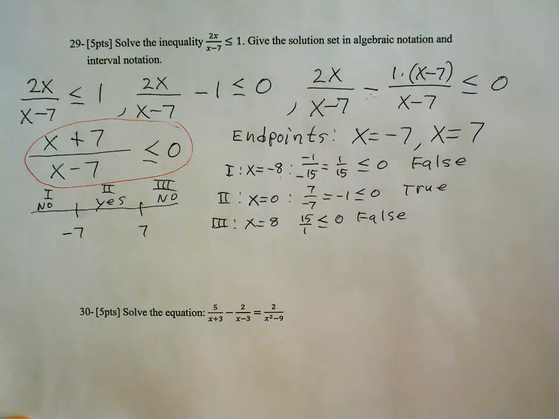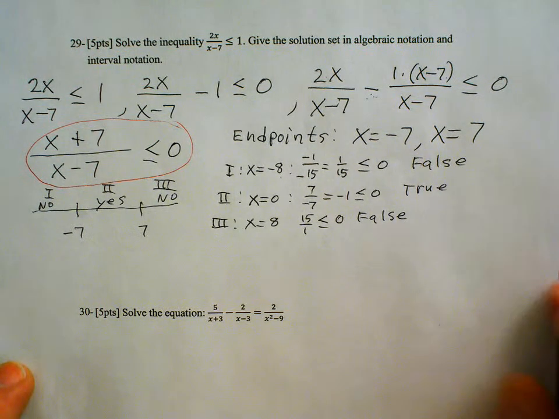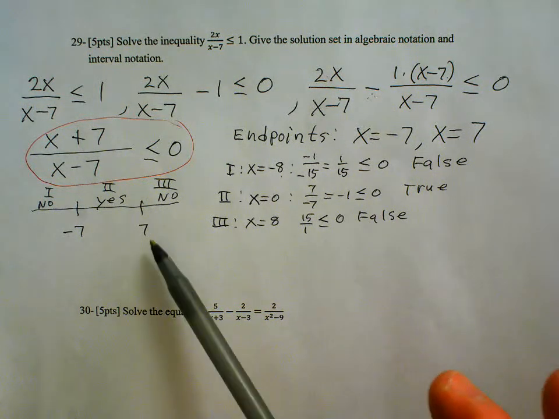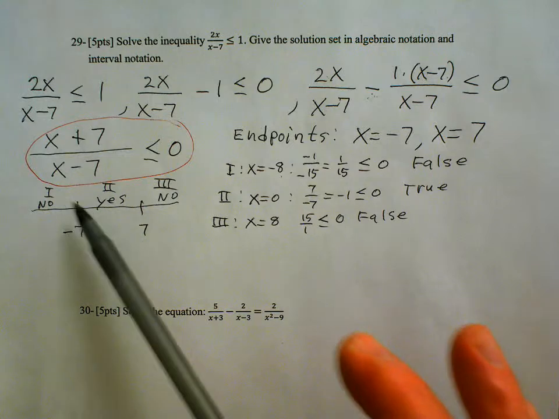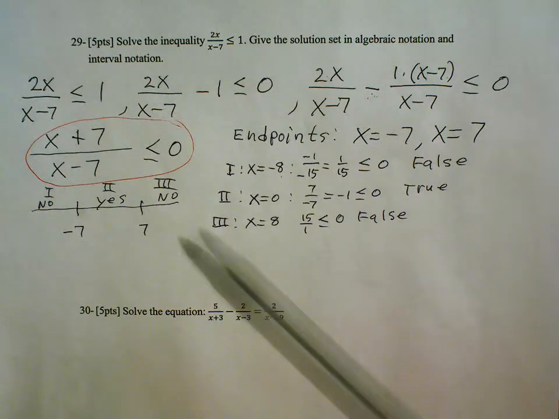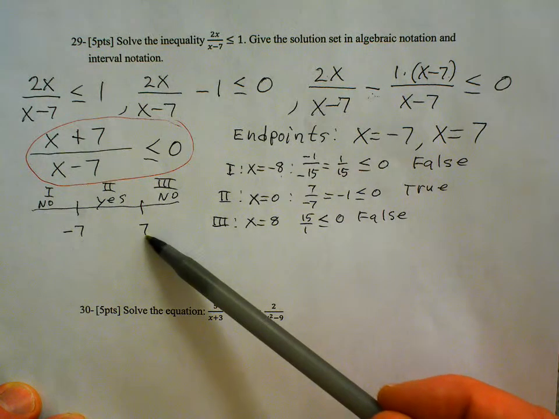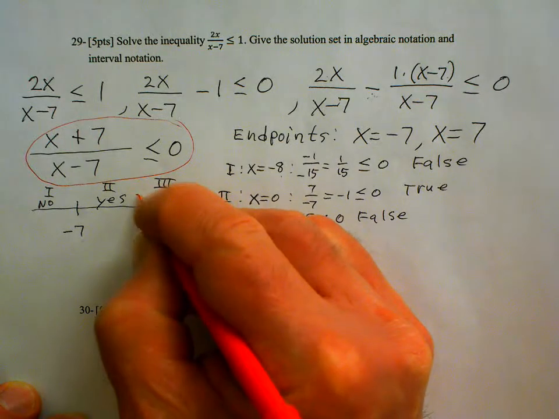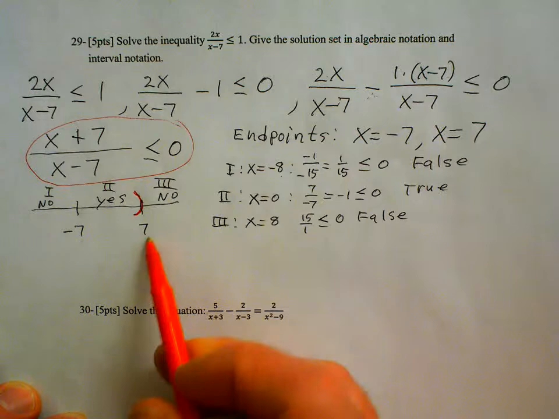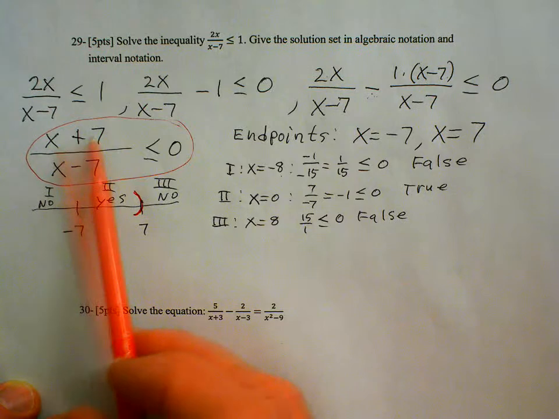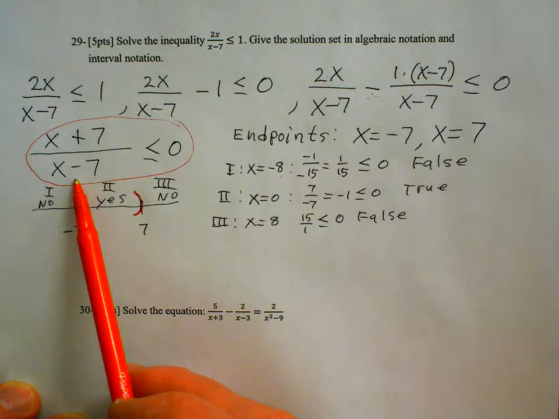Okay, then the endpoints. Since division by 0 is undefined, we always exclude endpoints that come from denominators. So we automatically exclude 7 no matter what the inequality says. So graphically, we have a parenthesis at 7. And the other endpoint makes the numerator 0 and the denominator negative 14.